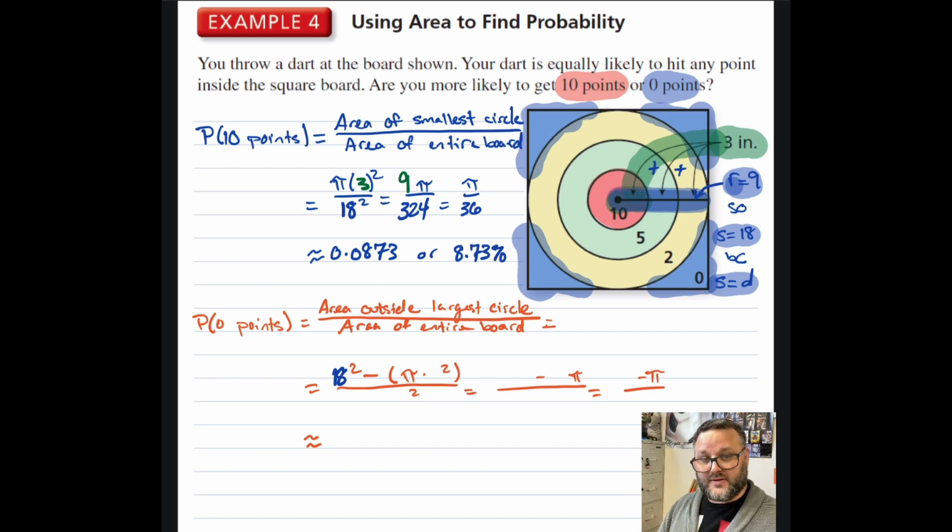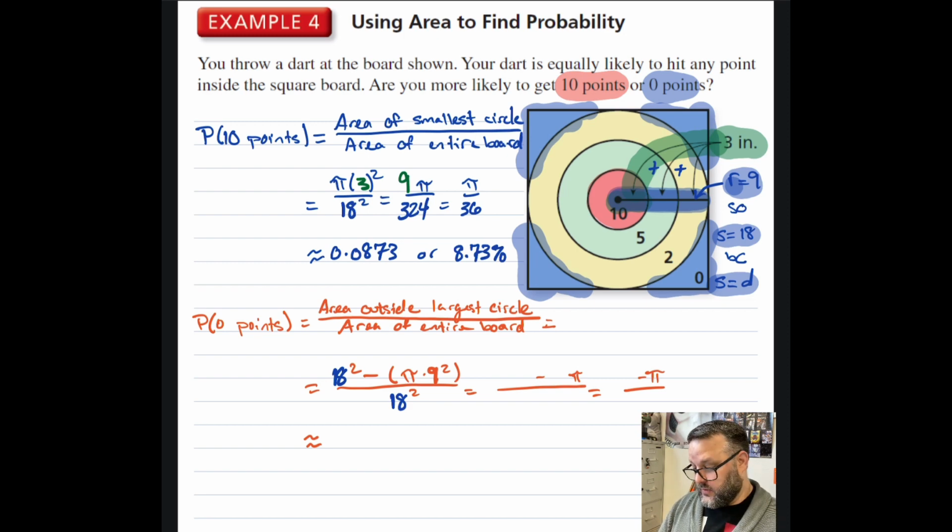Then we have to subtract the area of the largest circle. Well, the radius on the largest circle was 9, so I need to put in 9 for my 9 squared here. Now I'm dividing it all by the area of the board, which was, again, 18 squared.